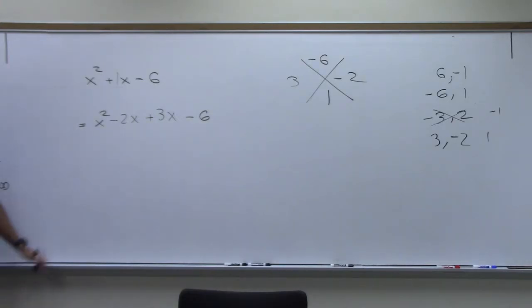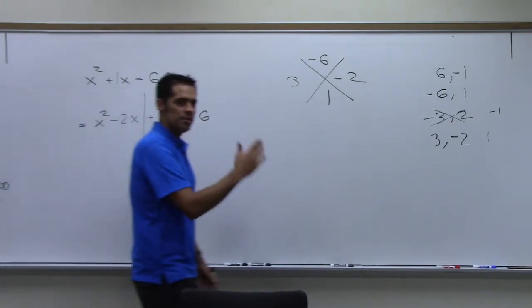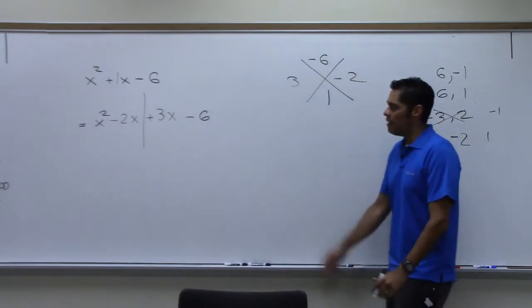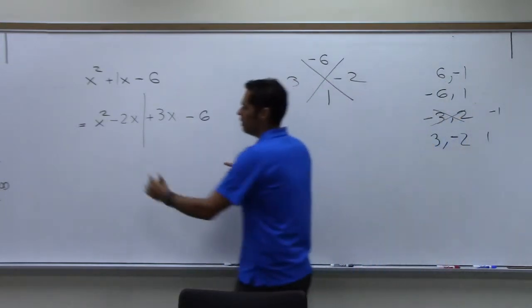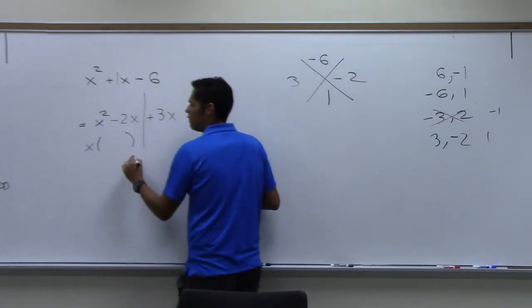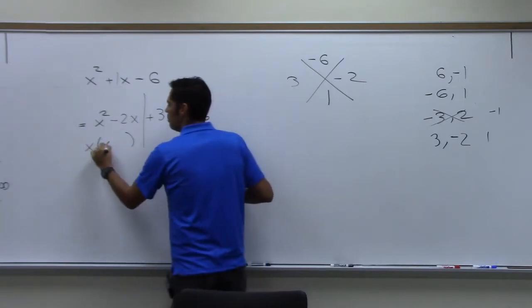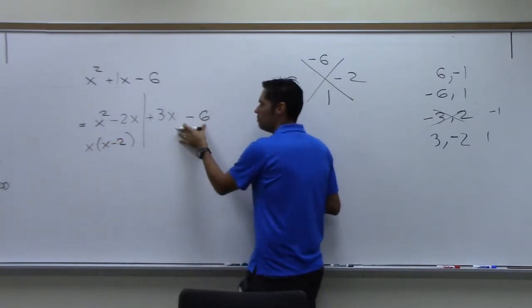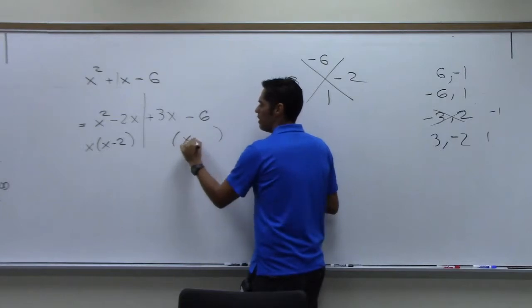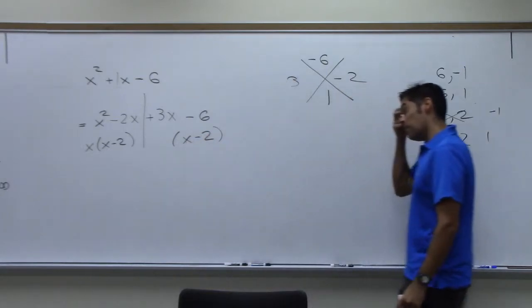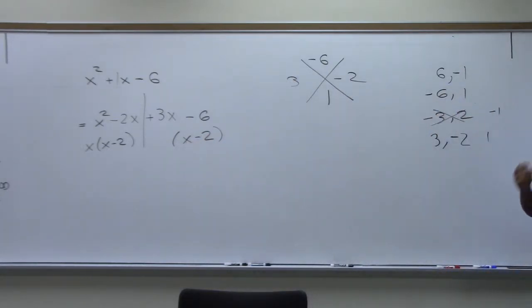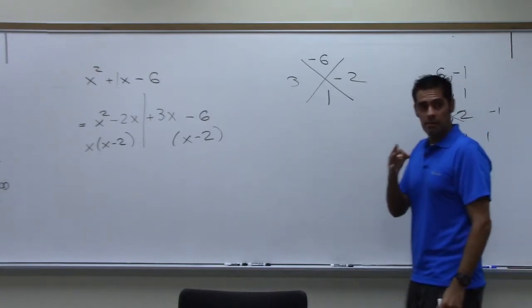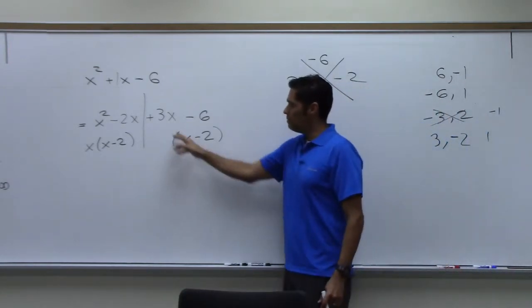4 terms, slash it, GCF. So what's the GCF on the first 2? X. What's left? X minus 2. Okay, here, I'll play the matching game. I need X minus 2. So what number must be on the outside of that? 3, right? 3 must be on the outside.